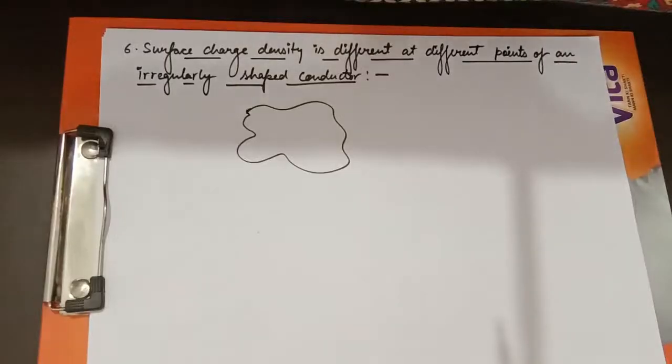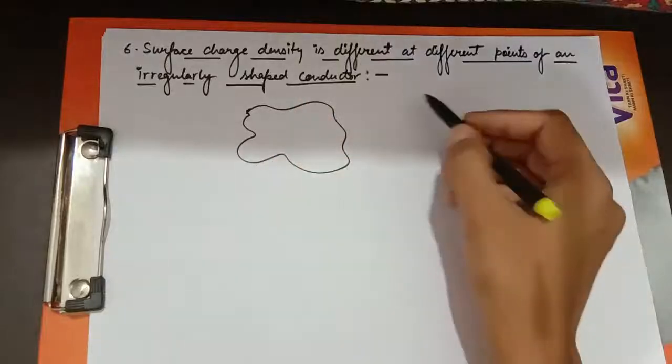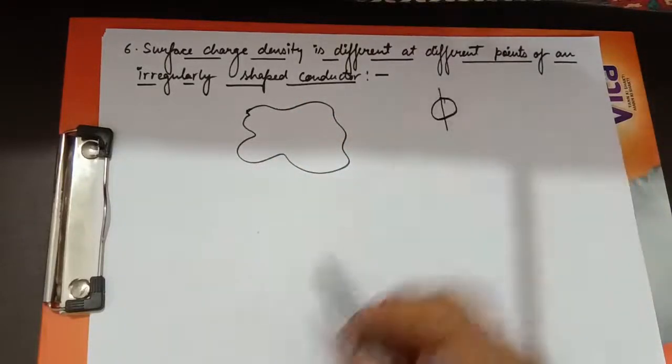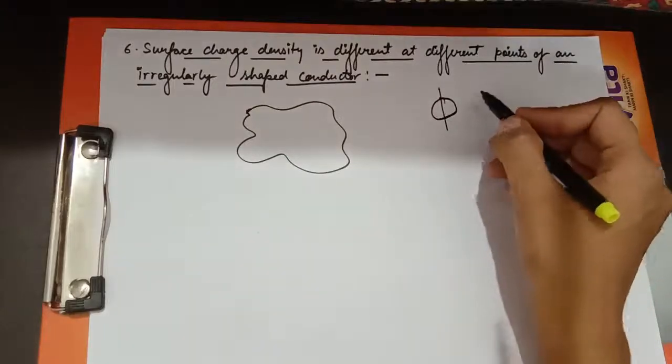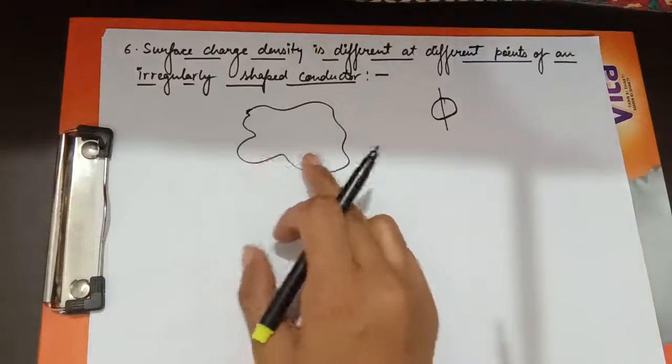Next is surface charge density is different at different points of an irregularly shaped conductor. By irregular shape, we mean the shape which is not symmetrical. Like if we take a circular shape, you can divide it by a line. Regular shape means a rectangle, a square, a circle or anything, but an irregular shape could be any shape.